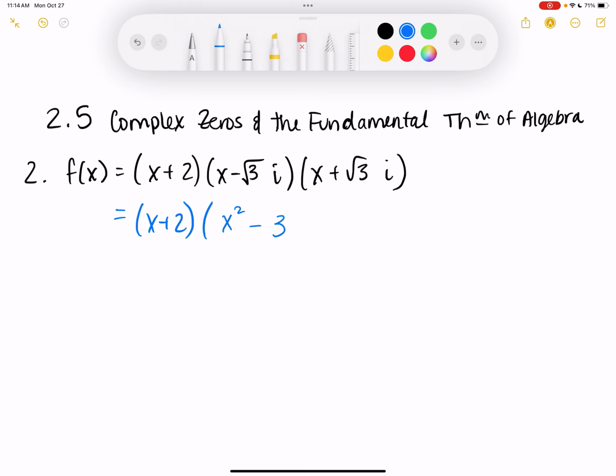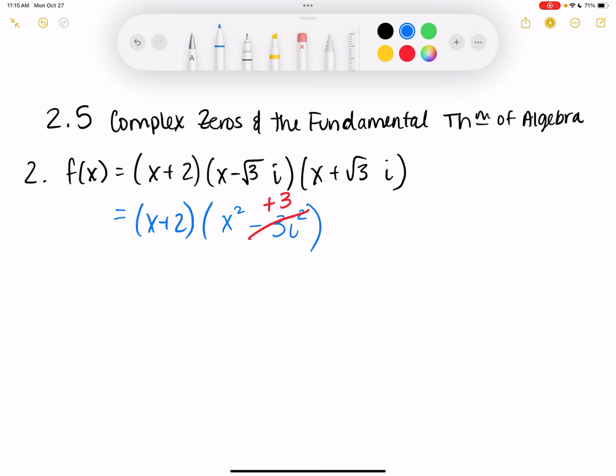Yeah, but it isn't negative 3i squared. The difference of squares, the middle term goes away. Oh. So we multiply the last one. So it is negative 3i squared. Obviously, i squared is negative 1. So if I want to, I could rewrite this whole thing as plus 3 instead.